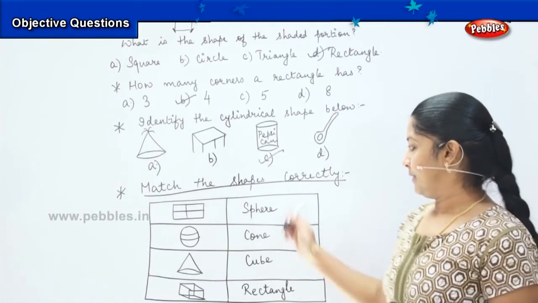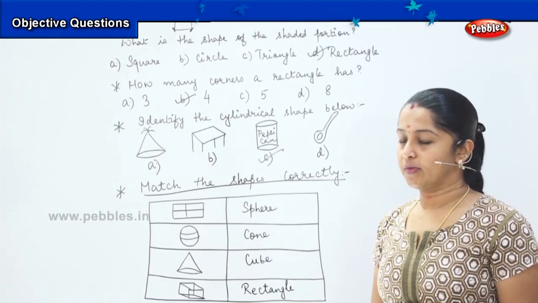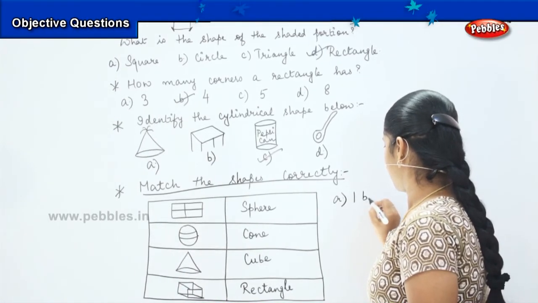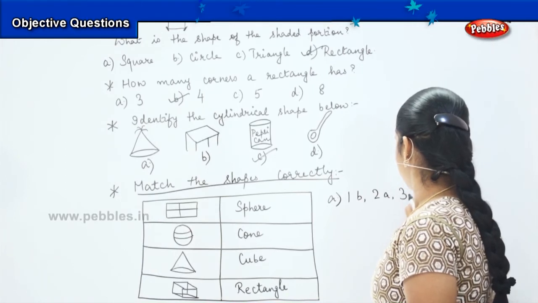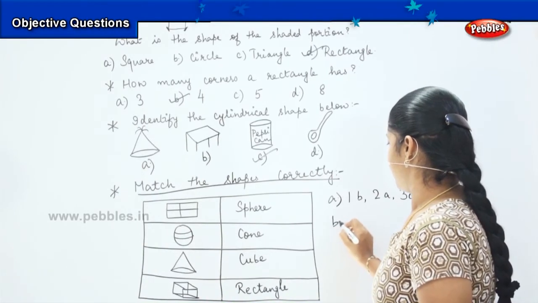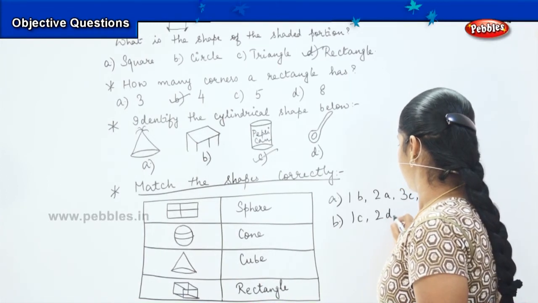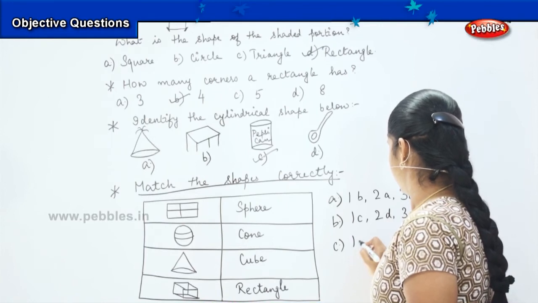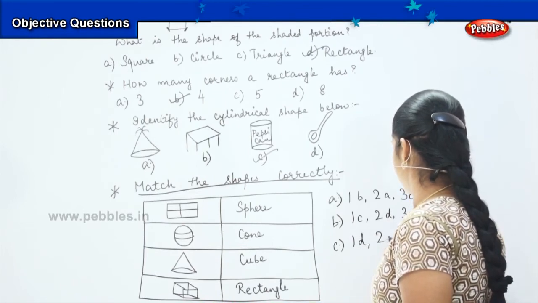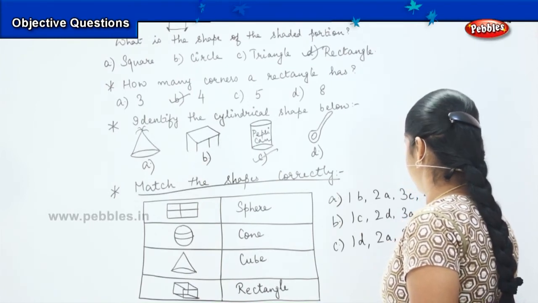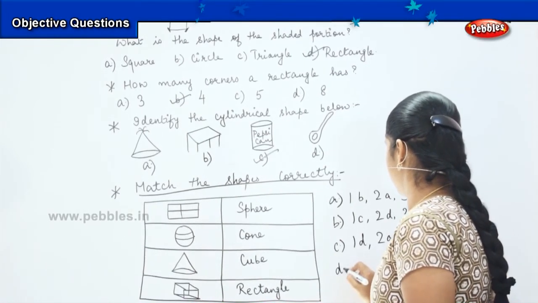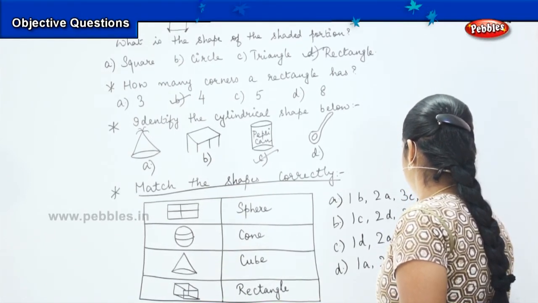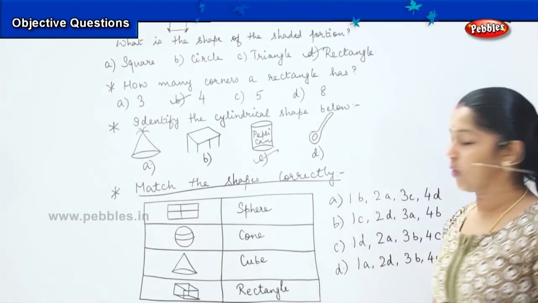So children, this you have to match with the correct shapes. Okay? So now my option A will be, okay.